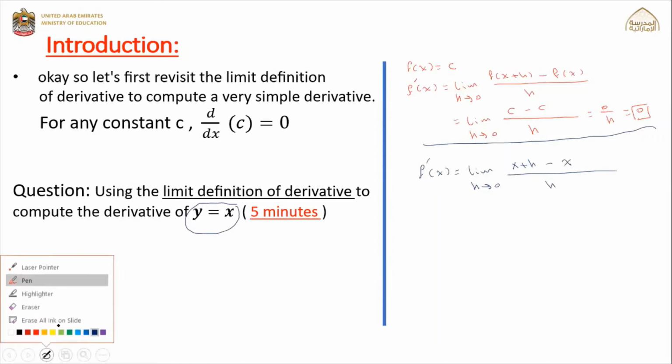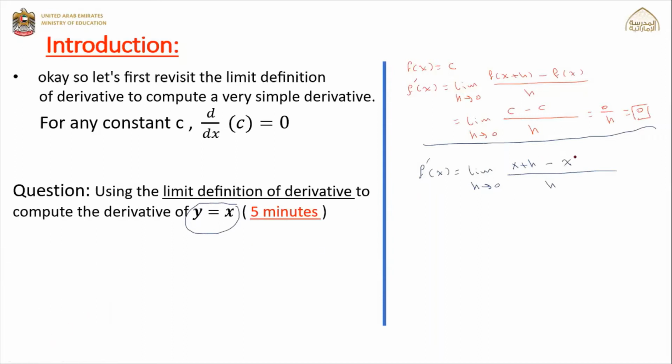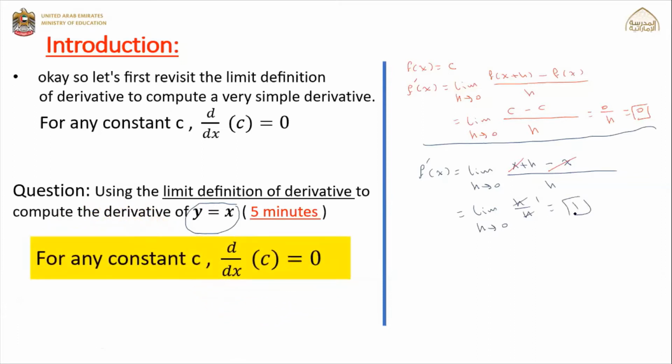Now minus x with x cancels, so it gives me limit h goes to 0 of h over h. Now h divided by h gives me 1, so the final result is 1. That means for any constant c, the derivative is 0, and for y equals x, the derivative is 1.